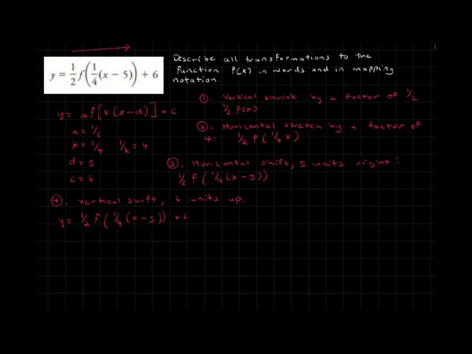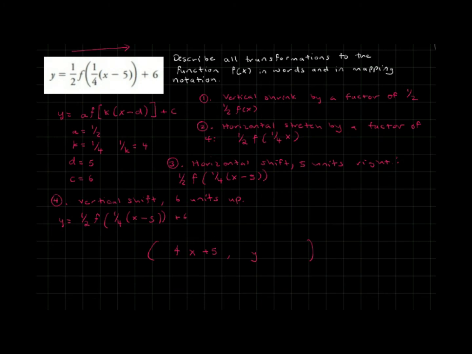Now, using mapping notation, I want to look at all the transformations I did to x and y. To x, I had a horizontal stretch by a factor of 4, so I multiplied all my x values by 4. I had a horizontal shift 5 units right, so I added 5 to my x values.